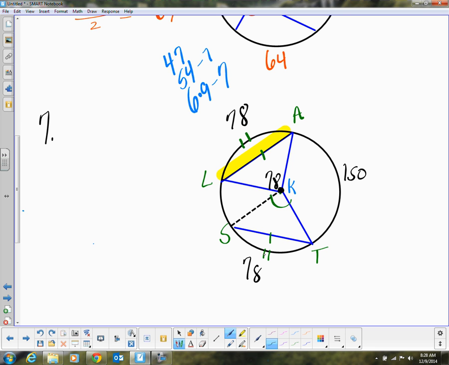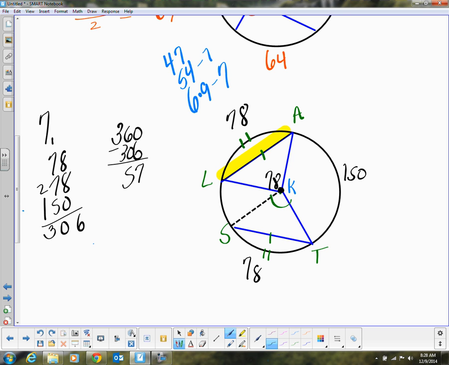Are we talking about the segment LA or the arc? The arc. And then you just do 78 plus 78 plus 150. That's 306, right? And then you subtract from 360. And that's 57.